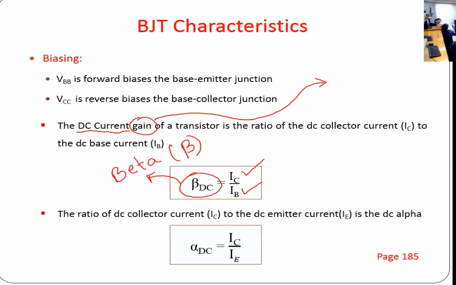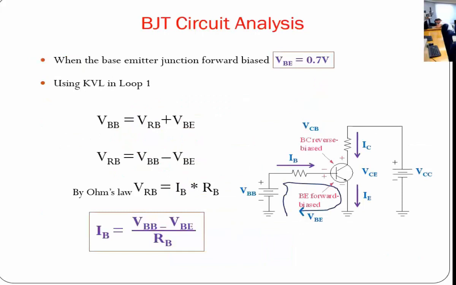All right, so let's continue with this. A beta DC is a ratio of collector current to the base current that provides us the gain of how much current we are gaining. When you see the term gain, it's always a ratio between two values, whether it's a current ratio or voltage ratio. In this case, it's referred to as a current gain because it's a ratio between the currents itself.